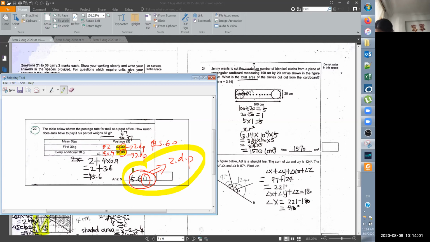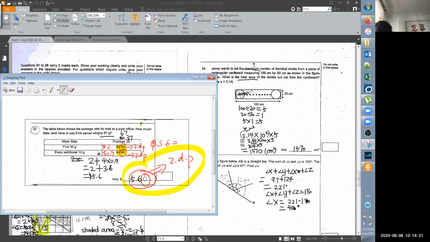Okay? I don't want to repeat this anymore because I've been repeating it so many times. For money, 2 decimal places. If I go back and watch my recorded videos, I think I've repeated this more than 3 times. Even though you did not make a mistake, I still repeat that dollars are always 2 decimal places.